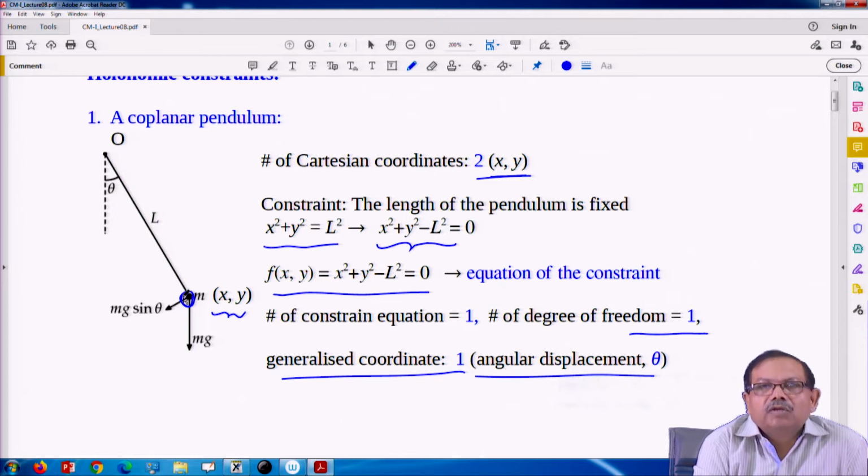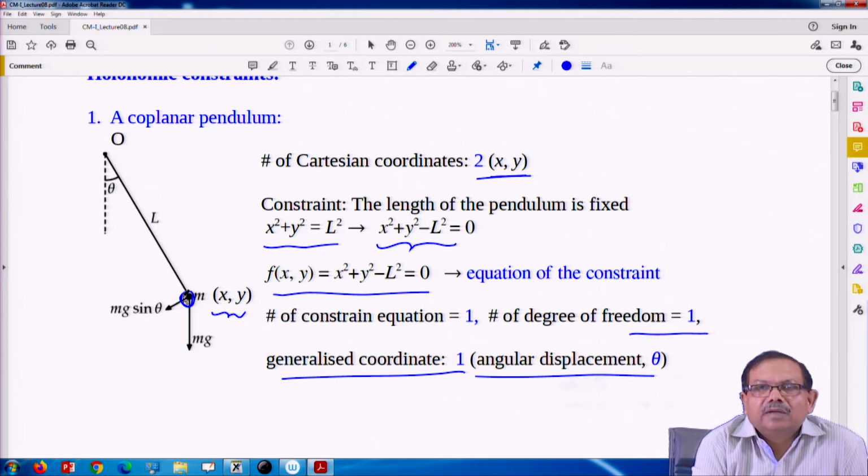So, you can also arrive at that by following the procedure, starting by writing Cartesian coordinates and then working out kinetic energy and potential energy; the end result would be the same. Like in this problem, theta is the only independent coordinate, and you can write kinetic energy and potential energy directly in terms of theta.